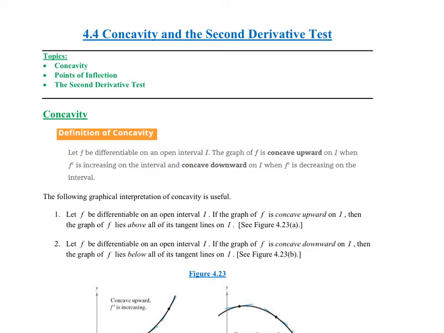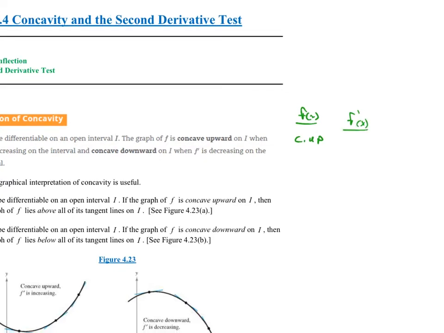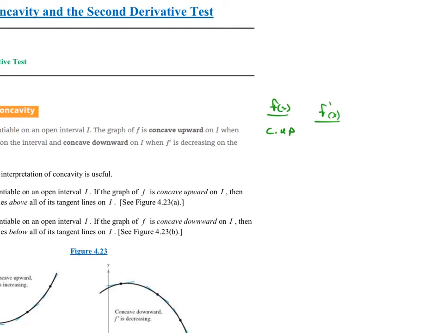So it looks to me like what we have here is concave up, which means the first derivative, so here's the original function, is increasing, which tells me that the second derivative must be positive. So the first derivative is increasing when the second derivative is positive. So it's concave up when the second derivative is positive.